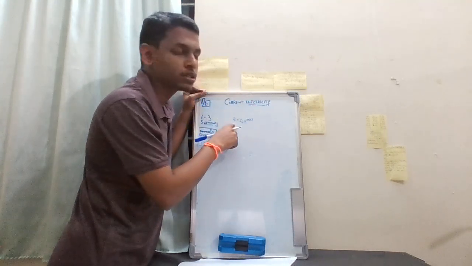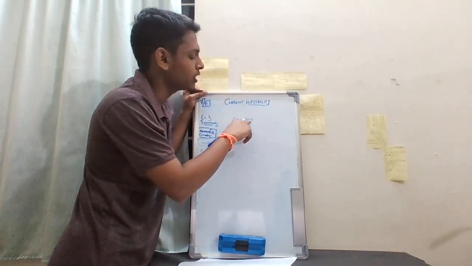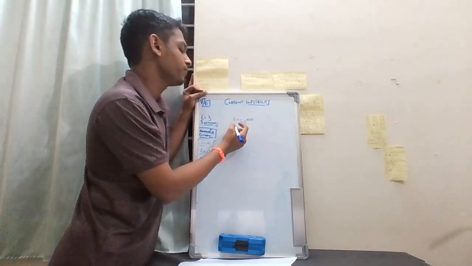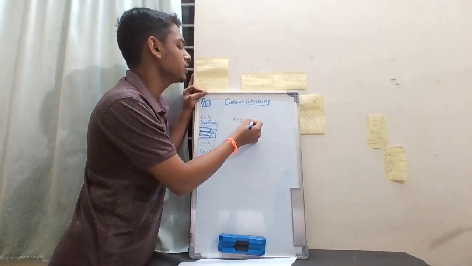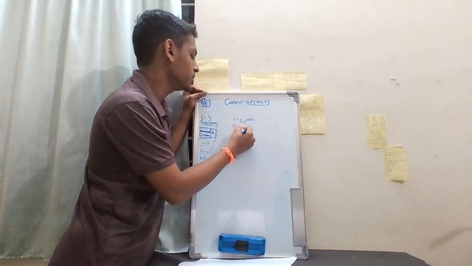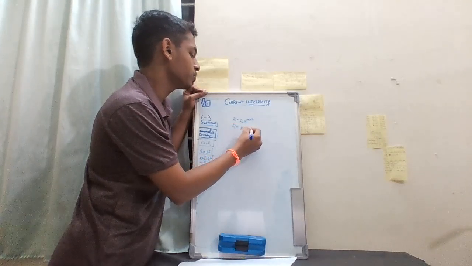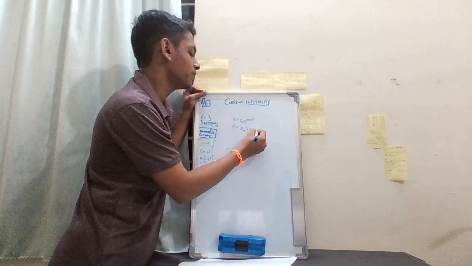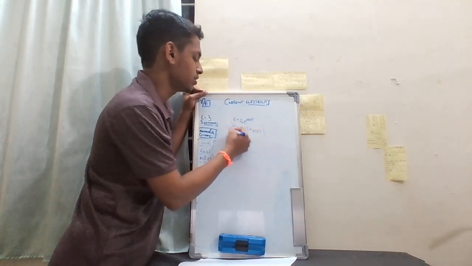In the same way, resistance also changes with alpha and delta t. But if alpha delta t is very small, then with binomial expansion it would be 1 plus alpha delta t.